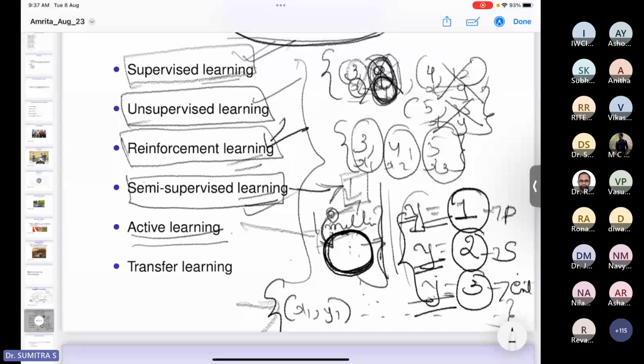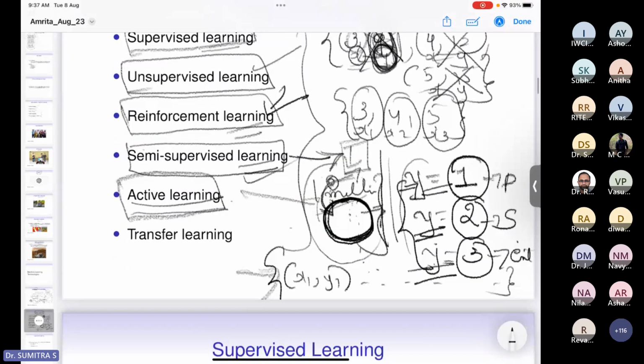Through that process, we would be able to get a good model using a few data sets, avoiding labeling all 1 million data. If you introduce that step, that technique is called active learning.